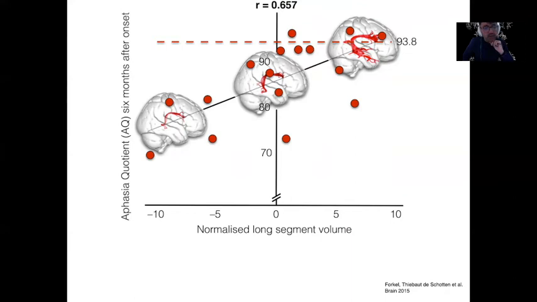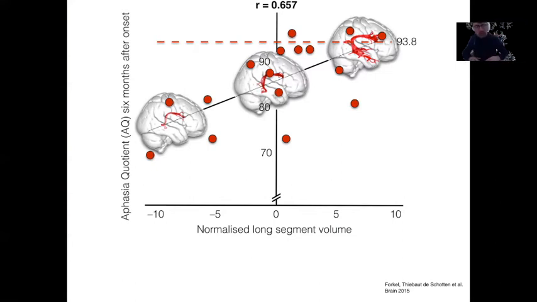And this is a nice example where you can see that the brain at the bottom left is a patient that has a very tiny arcuate fasciculus in the right hemisphere. His arcuate fasciculus, unfortunately, is gone in the left hemisphere, and his recovery 6 months after the stroke is actually not good at all because it is below the dashed red line, which is at the top. In the middle, you have another brain with a slightly bigger arcuate fasciculus, and this patient has a better recovery than the one on the left.